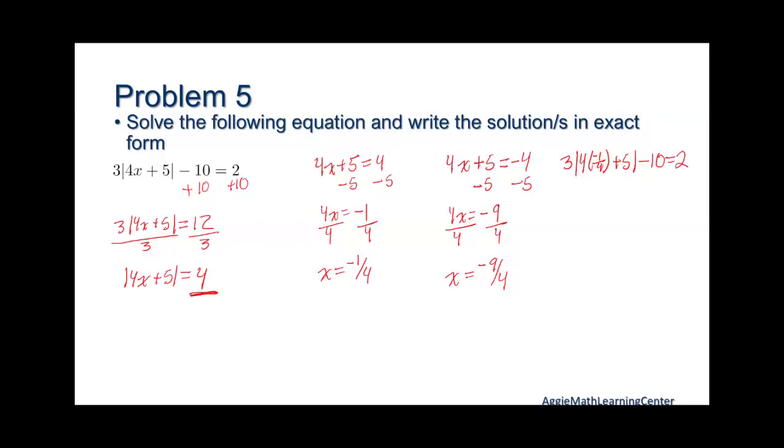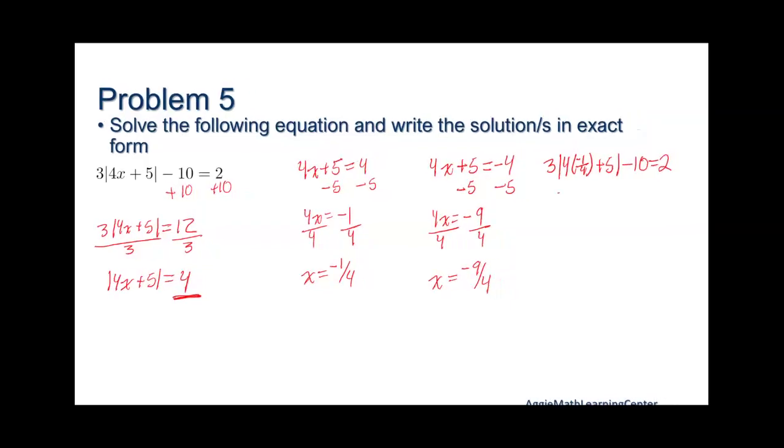Get rid of the 10 again. Or wait, no, we're not peeling it back. Okay. Distribute your 4 into your negative 1/4. And then negative 1 plus 5 is going to get us a positive 4, minus 10 is going to equal 2.